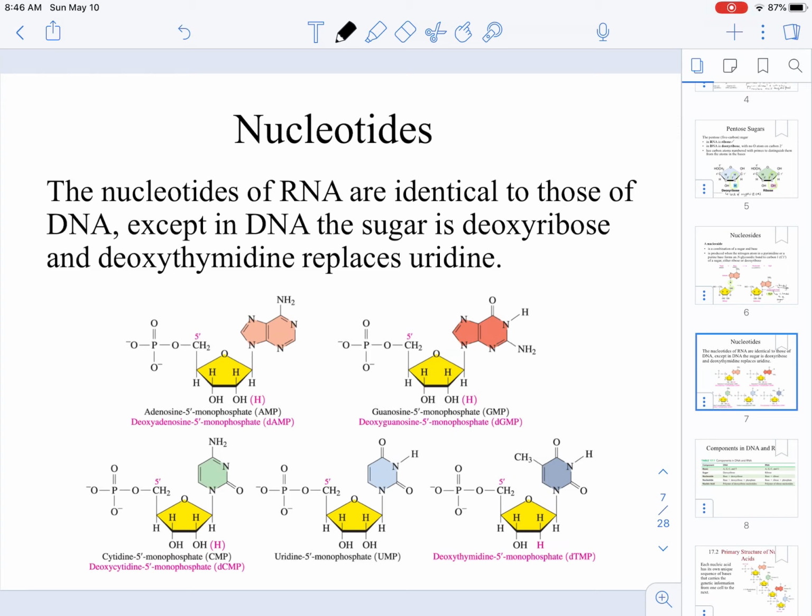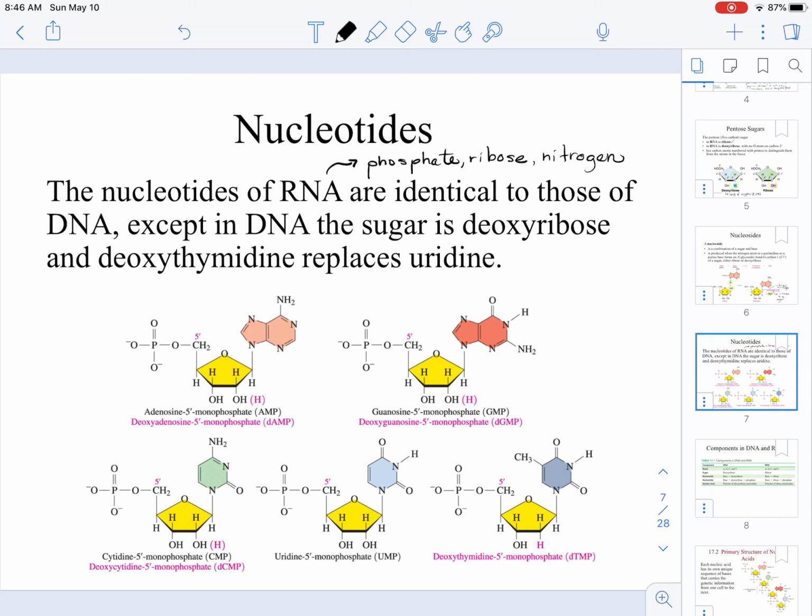When it comes to the nucleotides in RNA, they are going to contain a phosphate group, a ribose sugar, and the nitrogen base.